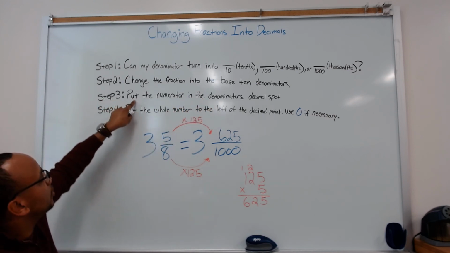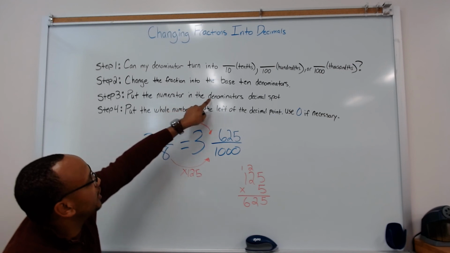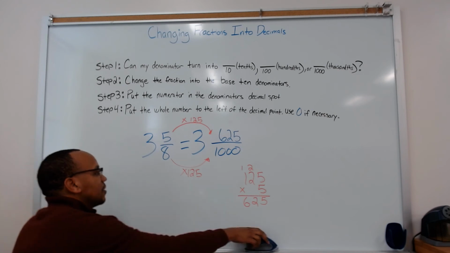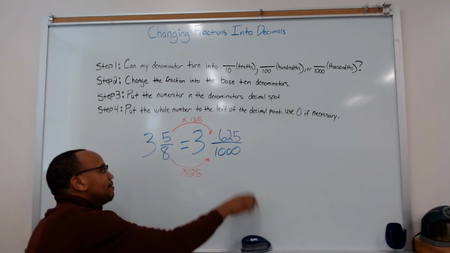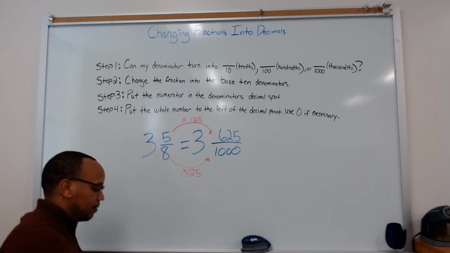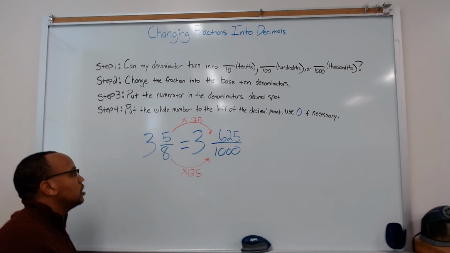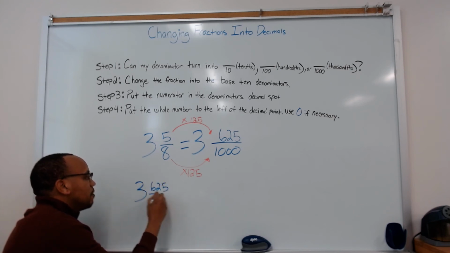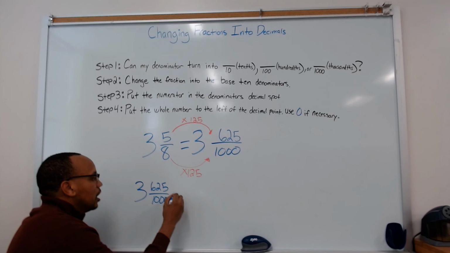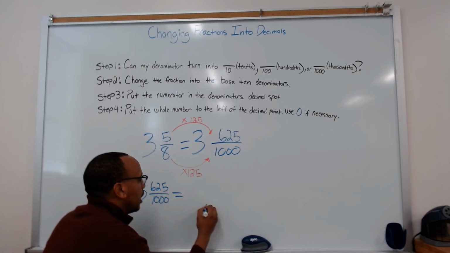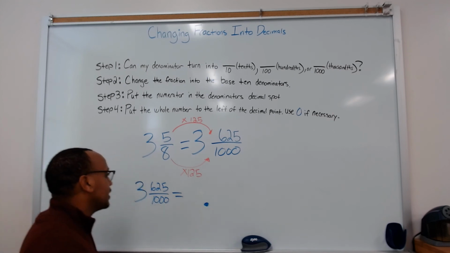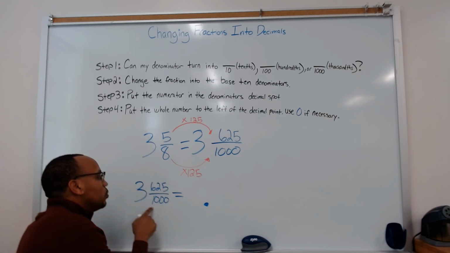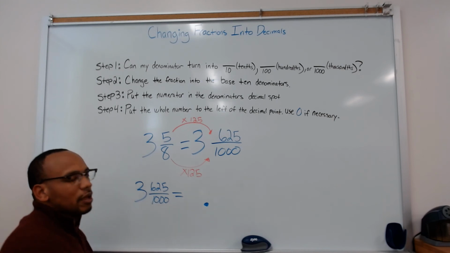Step 3, put the numerator in the denominator's decimal spot. I'm going to put 625 in the thousandths spot, right? So I'm working with 3 and 625 over 1,000. Step 3 is when I'm turning it actually into a decimal. I'm going to put the numerator 625 into the thousandths spot.